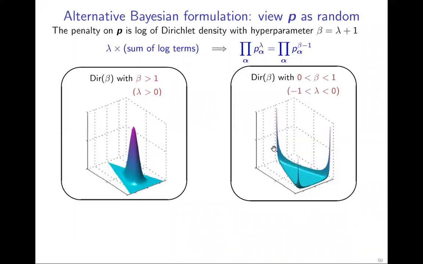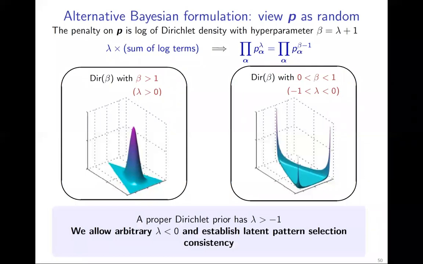Here it is a Bayesian understanding because we view P not as parameters, but as random variables distributed in the simplex. Then, when lambda is negative, our penalty corresponds to a prior belief that these P's are sparse in the simplex, which matches our sparsity-pursuing goal.